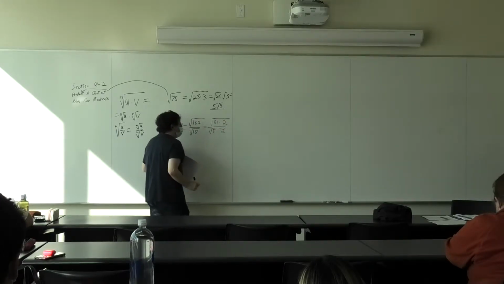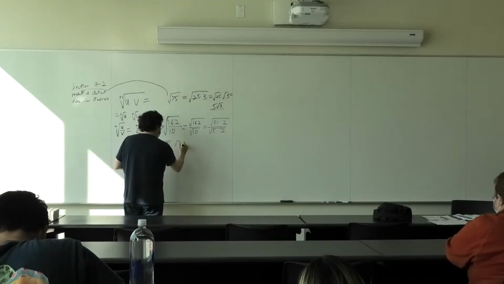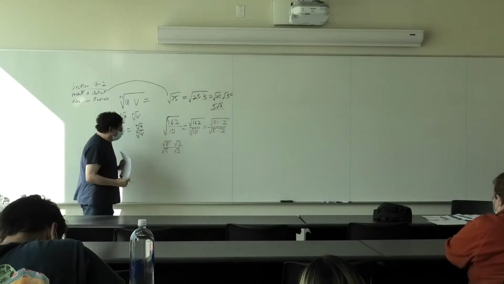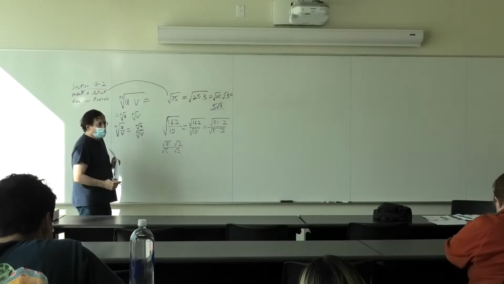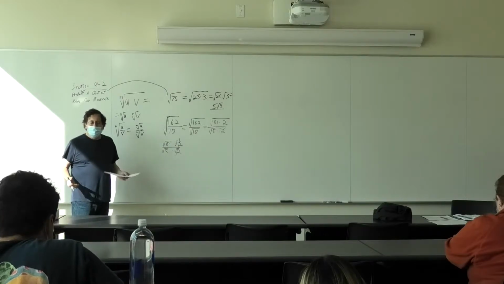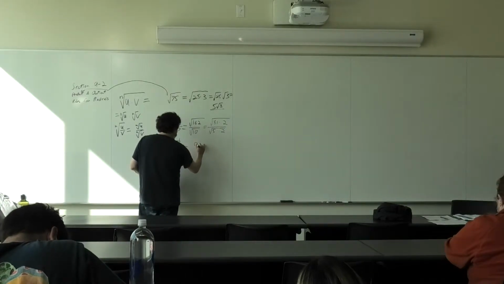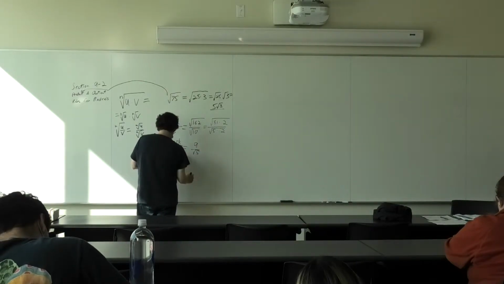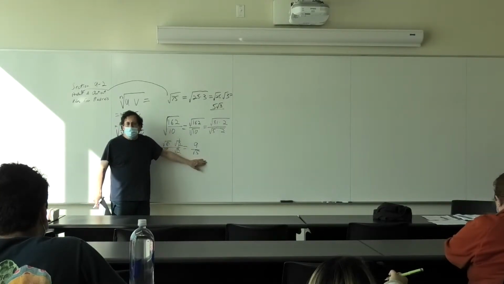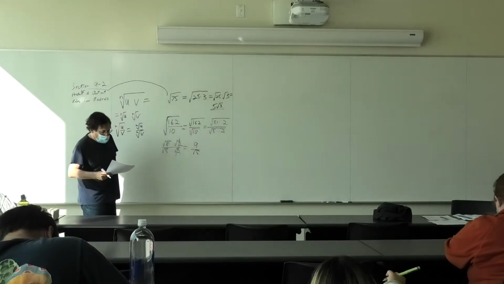So this is the square root of 81 times the square root of 2, over the square root of 5 times the square root of 2. Well, of course, I can cancel the square root of 2 over the square root of 2. And the square root of 81 is, I hope you know, 9. So I have my answer here, 9 over the square root of 5.